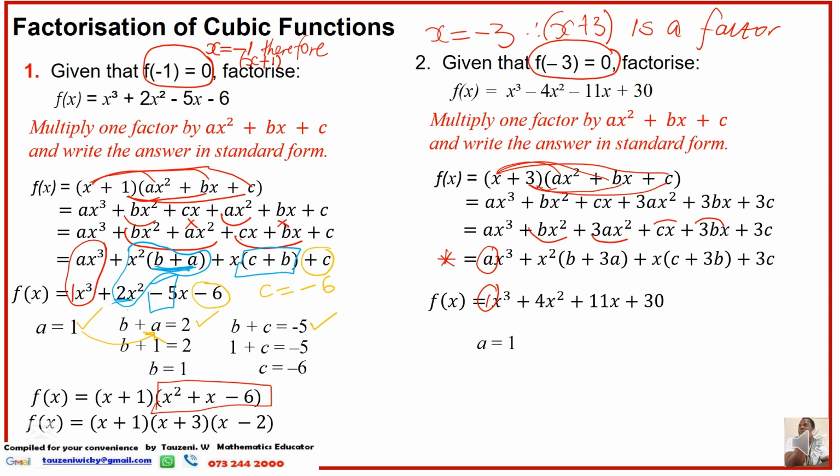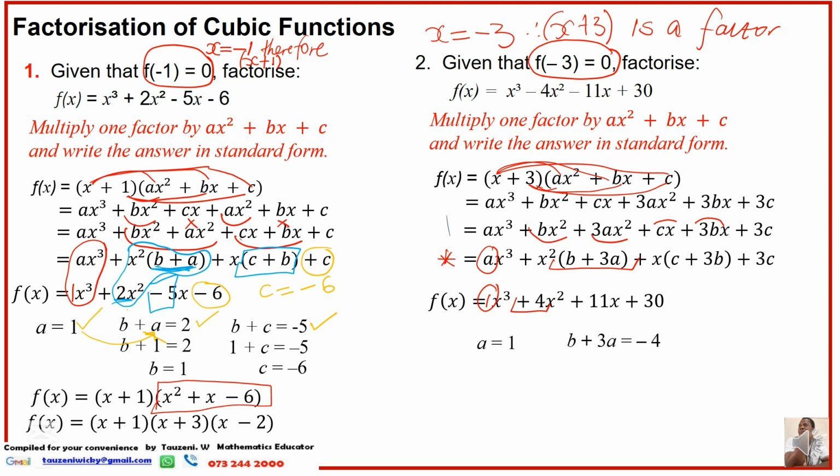a is equal to 1. Then you take the coefficient of x squared, which is b plus 3a, and the coefficient of x squared here, which is 4. That will give us the value for b. So we can say b plus 3a is equal to a positive 4.